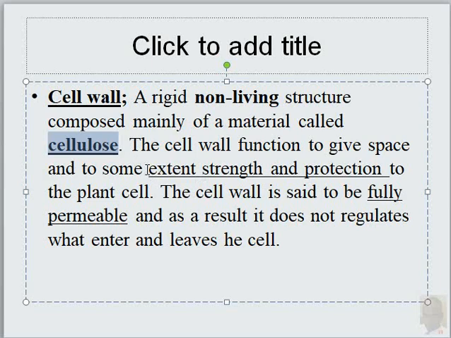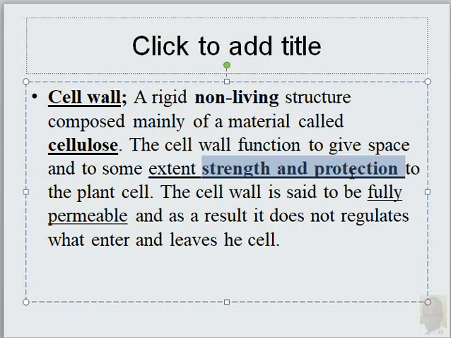The cellulose is important because it is a fiber, so it is strong, and therefore it provides strength and protection to the cell. Unlike the cell membrane, the cell wall is fully permeable, which means that substances can move through it freely. So the cell wall is non-living, made up of cellulose, and it provides structural support, strength and protection.